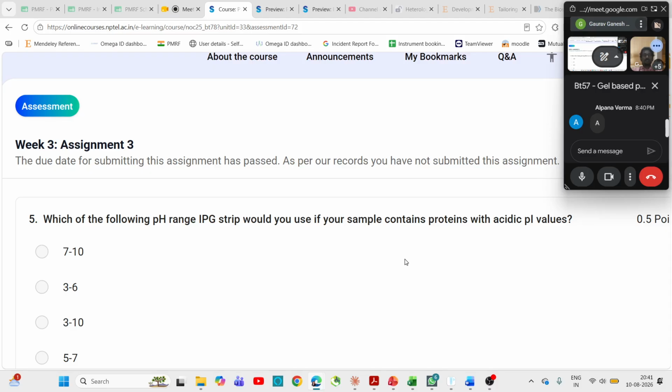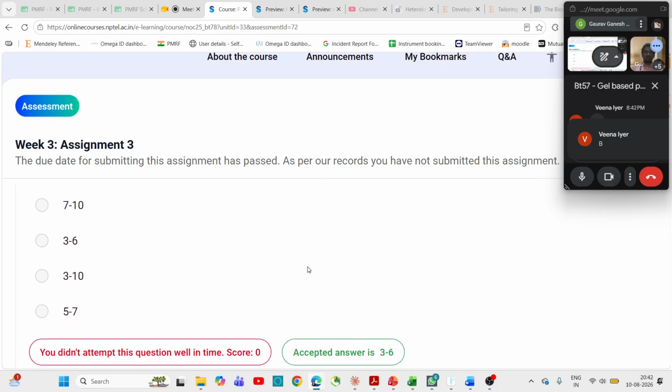So acidic pI values indicating at the acidic pH, proteins will stop moving, like it will achieve its pI values in the acidic range. So which strip would you use? Which has 7 to 10, 3 to 6, or 3 to 10, or 5 to 7?